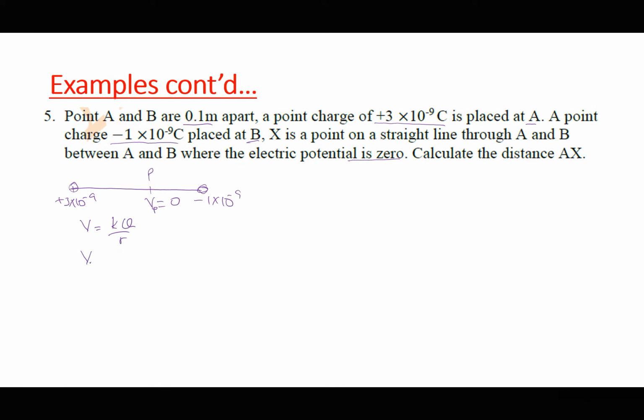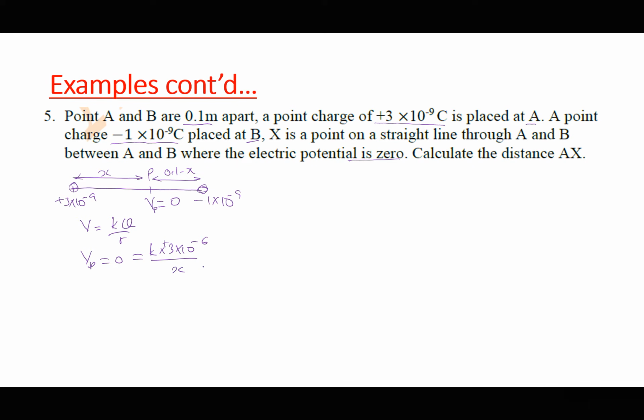So the total potential should be 0 at that point, and total potential is potential due to this charge, which is K times 3 times 10 power negative 9. This is positive, divided by the distance, which I'm going to call X. And this distance will therefore be 0.1 minus X, because their separation is 0.1.